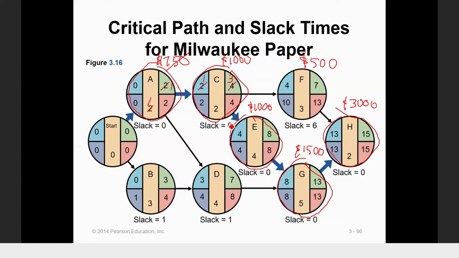Moving down, this will become 3 also. 3 plus 4 becomes 7. So this path is also affected. We have 1 plus 3, but because 1 is smaller, we take the 3 and maintain it. When we come here, 3 plus 4 is 7, so this one is 7 or 7, so it becomes 7 here. Okay, so this will become 12.